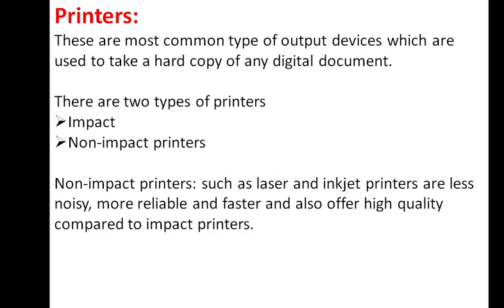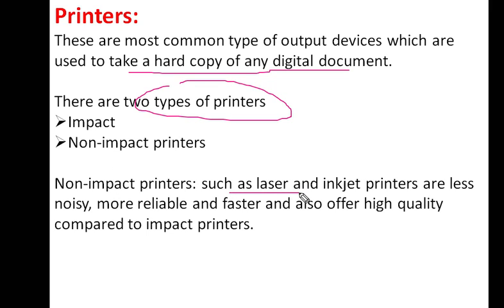Then printers. They are the most common type of output devices, used to take a hard copy of any digital document. There are two kinds of printers. One is impact printer, another one is non-impact printer. Non-impact printers such as laser or inkjet printers are less noisy, more reliable and faster, and also offer high quality compared to impact printers.